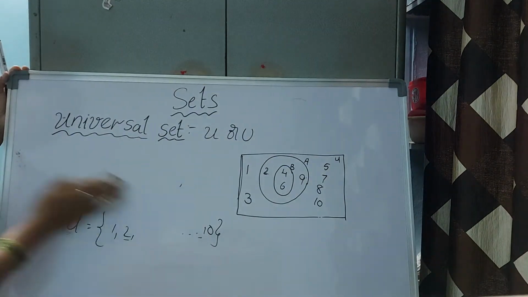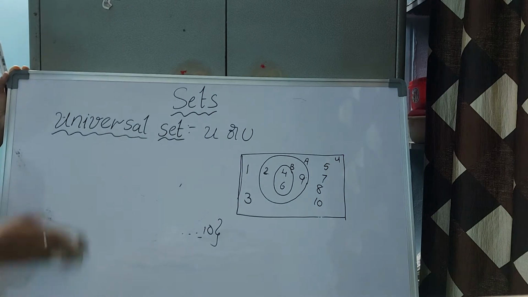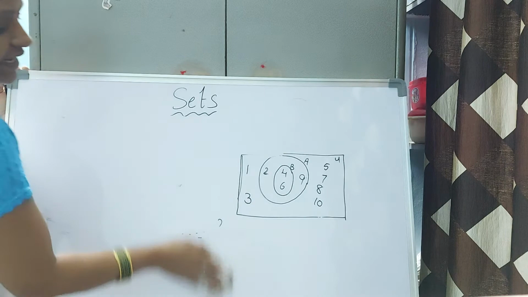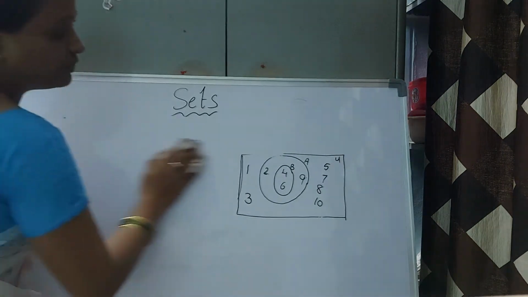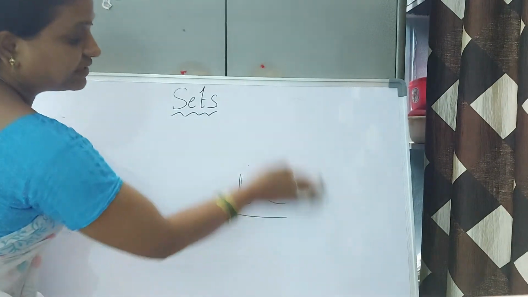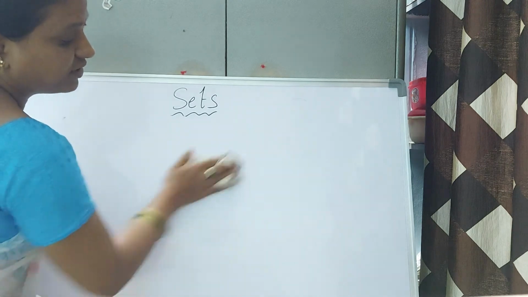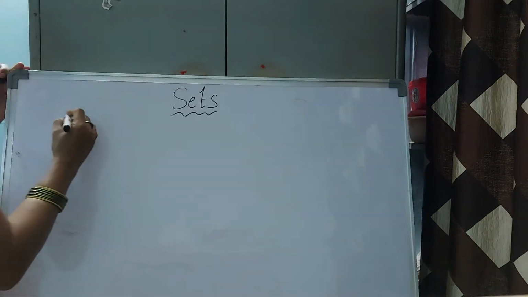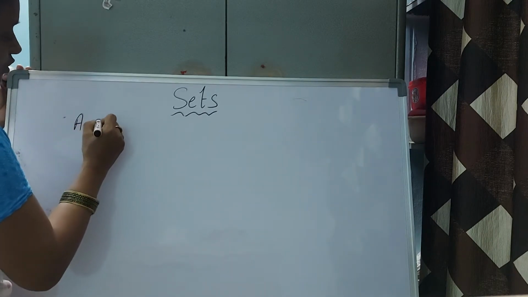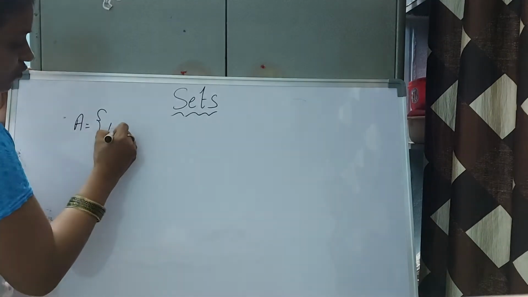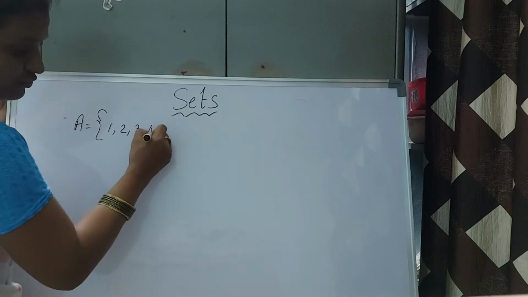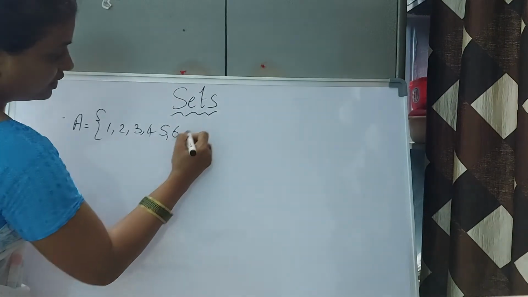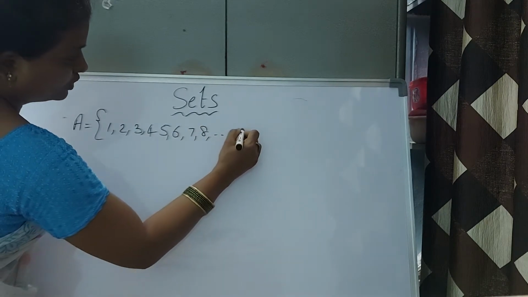Next one. How to denote belongs to? Between an element and a set we use belongs to. Between two sets we have to write subset. For example, one small exercise: A is equal to 1, 2, 3, 4, 5, 6, 7, 8, up to 10.